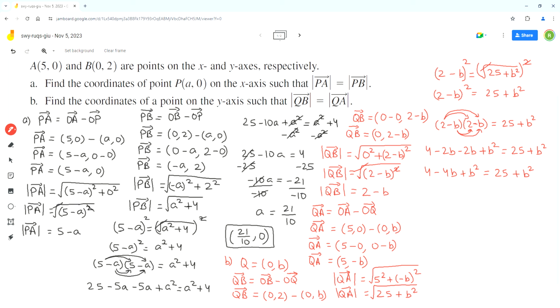Now we can subtract b squared from both sides. Now we can isolate b by subtracting 4 from both sides.